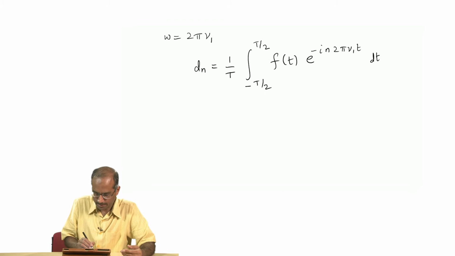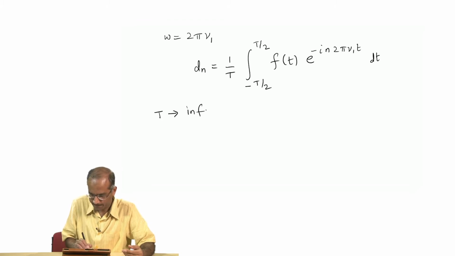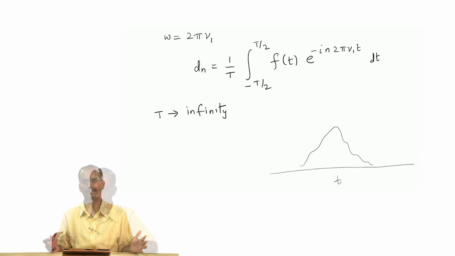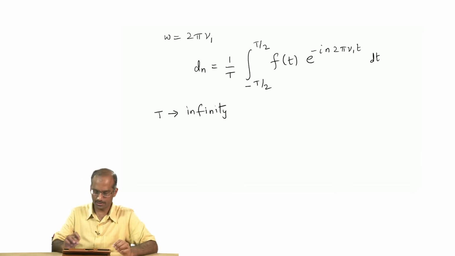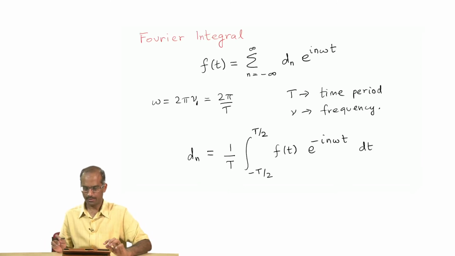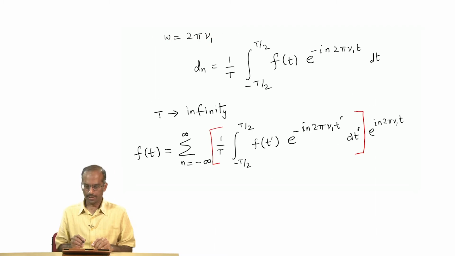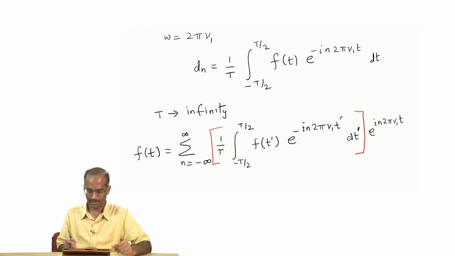Now, I am going to take the limit of t tending to infinity. This will allow me to handle all kinds of functions even when they are not periodic. Now, what I am going to do is to substitute this d n in this expression for f of t that I have on the top. So, d n is the one that comes within these red square brackets.